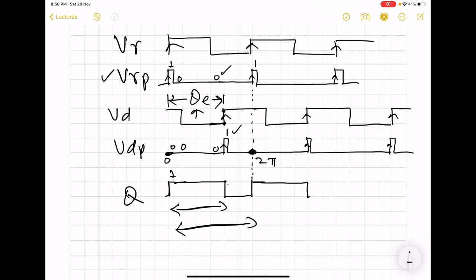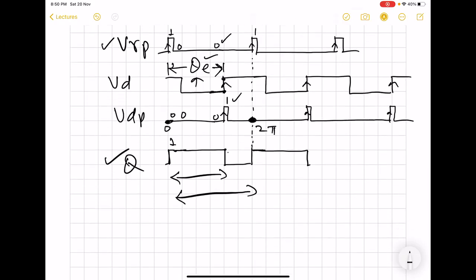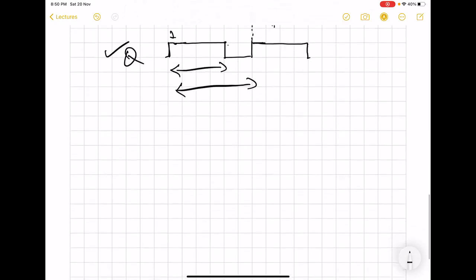That means the DC content of this output Q keeps on increasing as the phase error increases from 0 to 2 pi. So unlike the XOR gate, which produces a linearly increasing output only up to a phase error of pi, this produces output for phase error up to 2 pi.